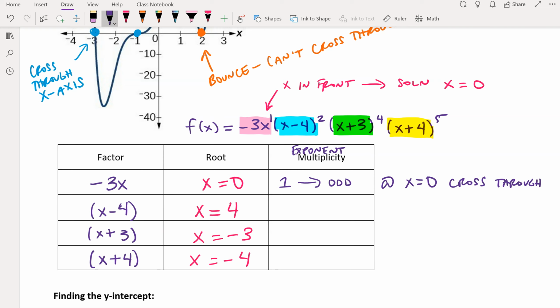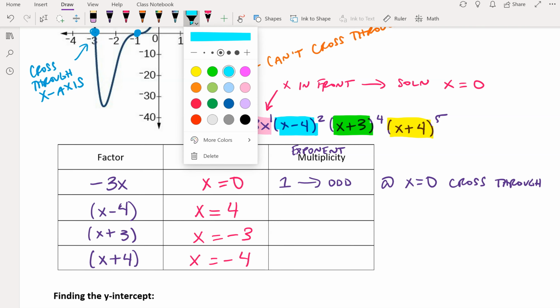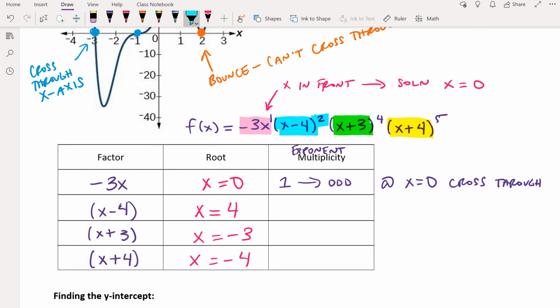Sweet. Let's do the next one. What is the exponent on the x minus 4 factor? It has an exponent of 2, and 2 is even. So at x equals 4, we're going to bounce off of the x-axis.